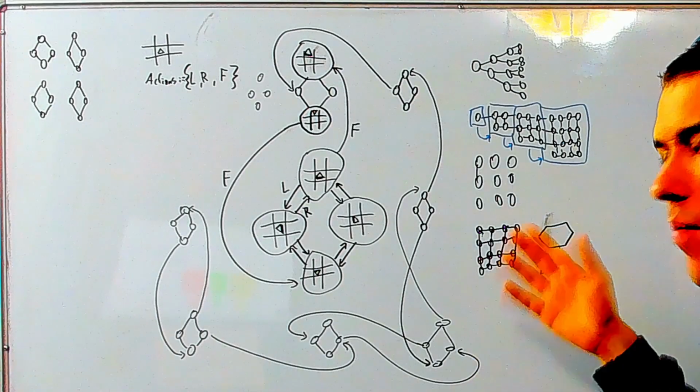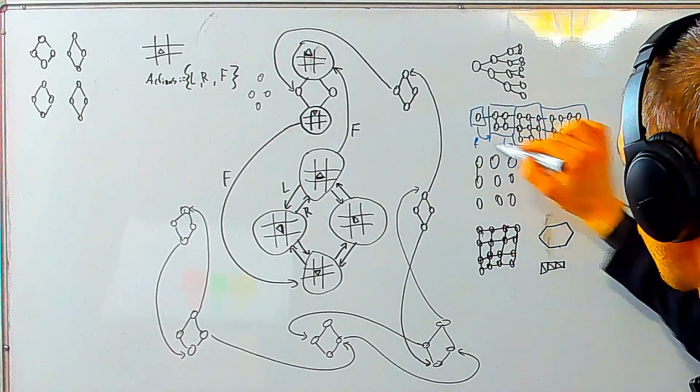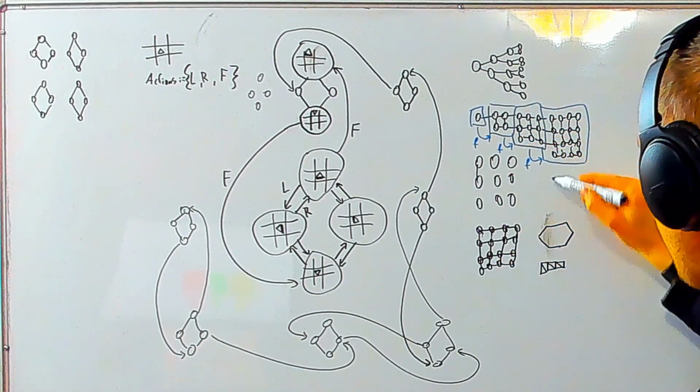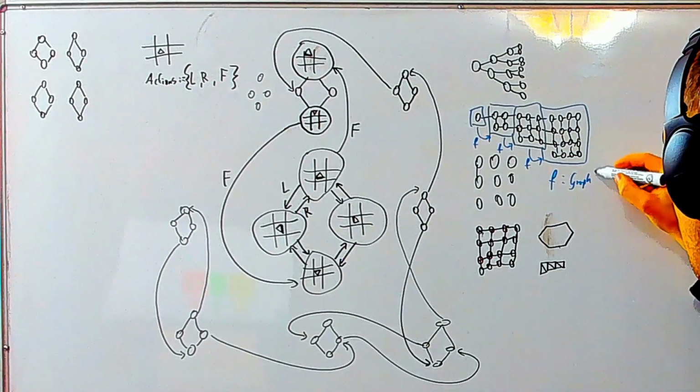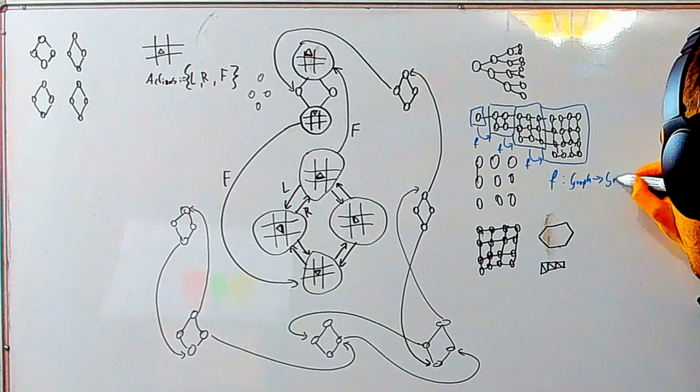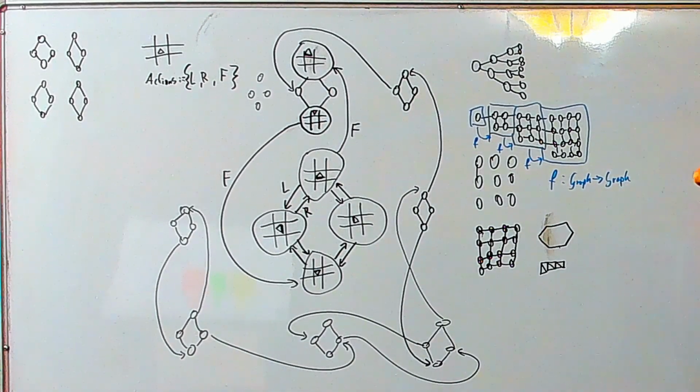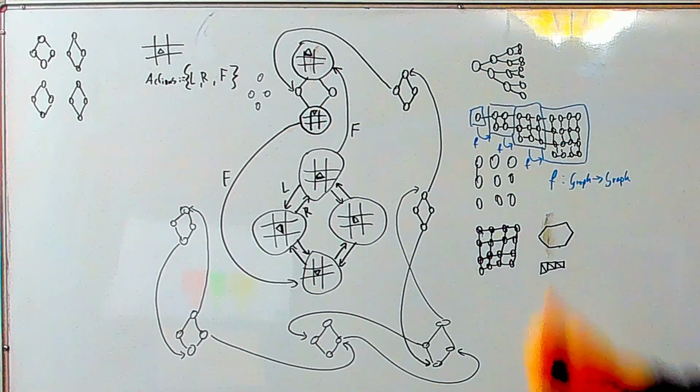Like, what's happening? Maybe we call this f. Maybe there is a function f, where f has a type: take in a graph and return a graph. And here the function might be something like add a vertex.